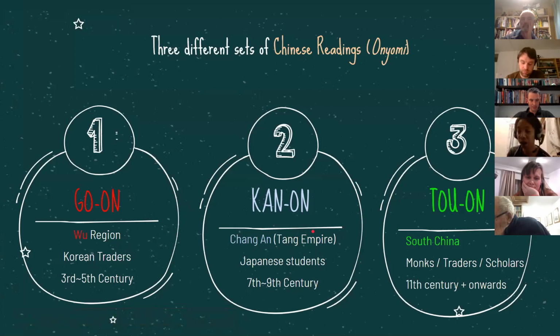And the Empire of Tang was a very powerful Chinese dynasty around the 7th to 9th centuries. So Japan would send students overseas to the capital city of Tang to learn. They learned everything from the Tang Empire, like language, politics, military, swordsmiths, architecture.